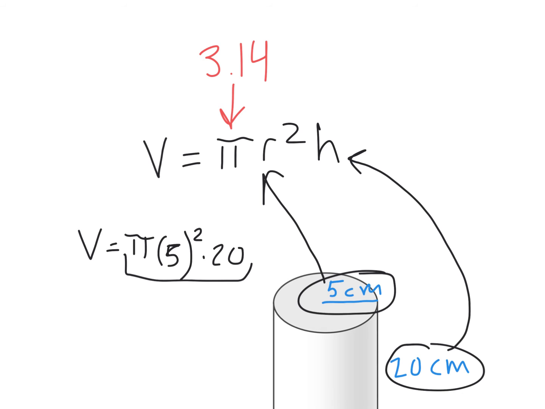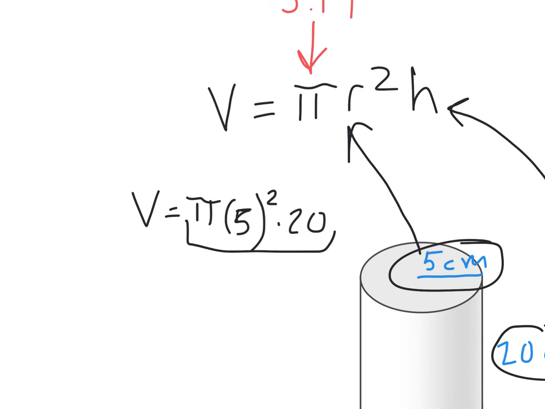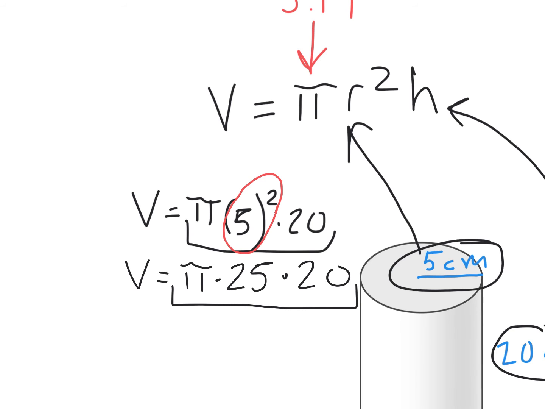So I'm going to start out with my exponent here and solve 5 squared. So now the volume is equal to pi times 5 squared, which is 25, times our height 20. Well, now I can just put this into the calculator. I'm going to use that pi button.